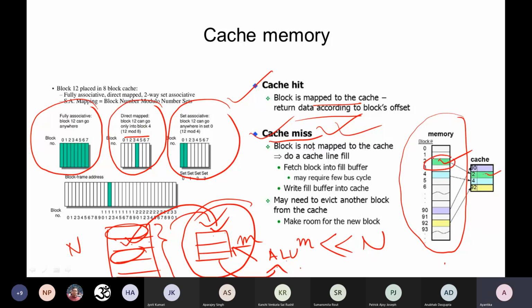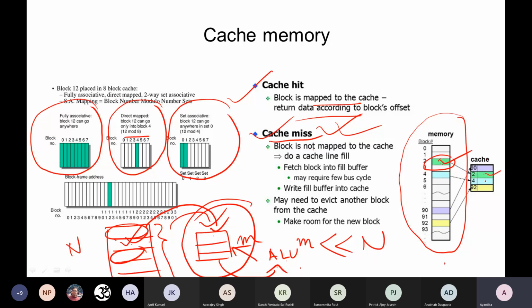One idea is you take this memory block and place it wherever any place is free in the smaller memory. Another idea is you always fix that if the block number is 4, this fourth block will go to a particular location of this smaller memory. So these are two opposite situations.